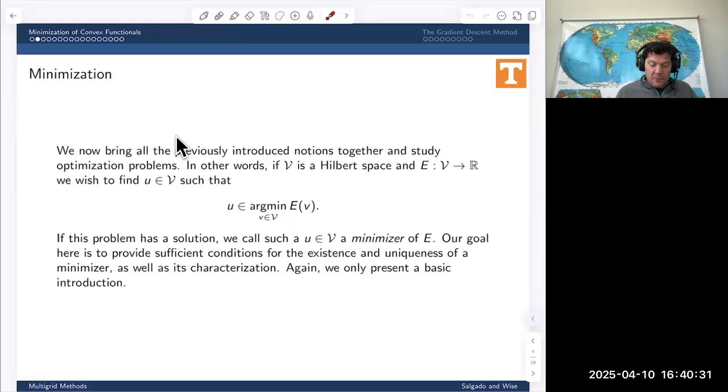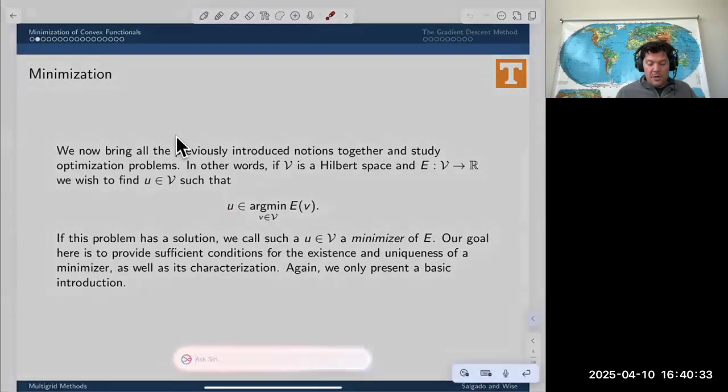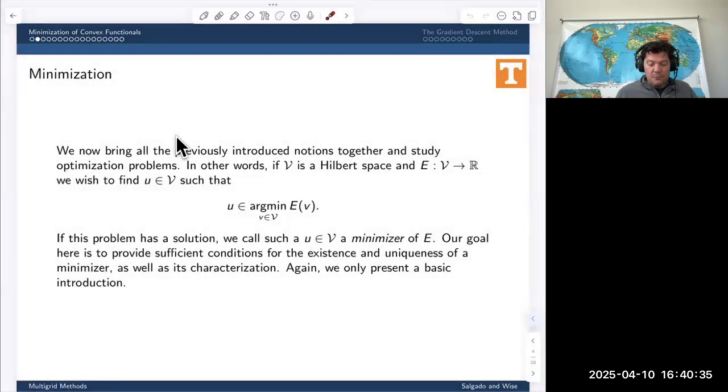So we're looking for functions or points from the Hilbert space, which are arguments of this function here, that are minimizers. Okay. Now a function doesn't necessarily have a unique set of minimizers, so what we talk about is the set of minimizers.